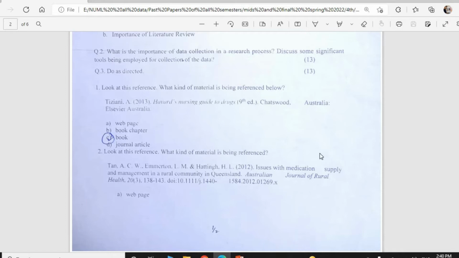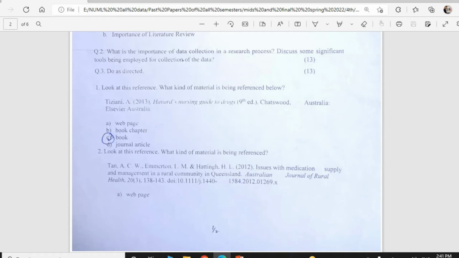I'm not pretty sure, maybe I'm wrong in some of the questions. So a reference is given, and you have to identify which reference it is. I've identified it as a reference from a book.